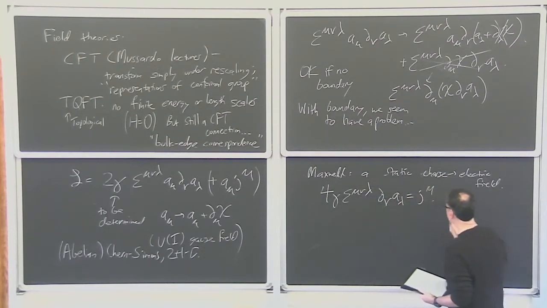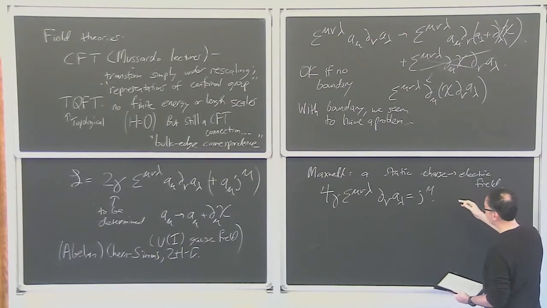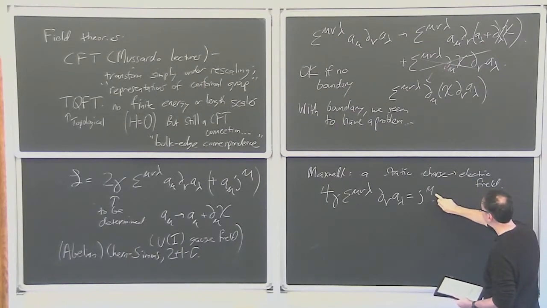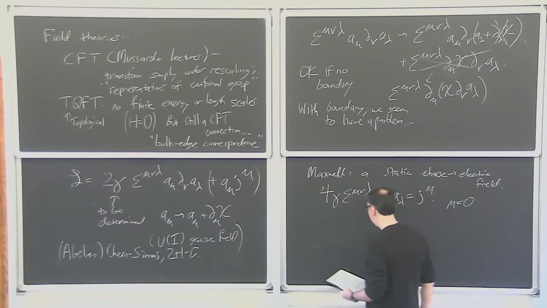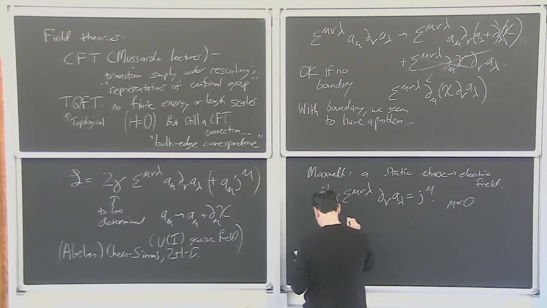And for the static charge, okay, so we're in 3 dimensions, so we've got sort of J0, J1, J2. J0 is like a charge density, so let me just focus on the mu equal to 0 version of this equation. And then what I get is, if I have 0 for this field, then these must be 1 and 2.